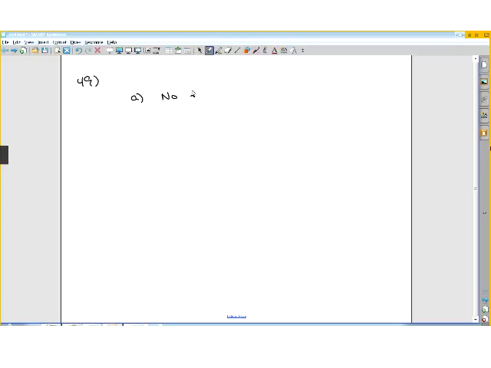So if you have no ducks are willing to waltz, you would put this in an if-then statement. You would say if you are a duck, then you are not willing to waltz. Let's write it down.